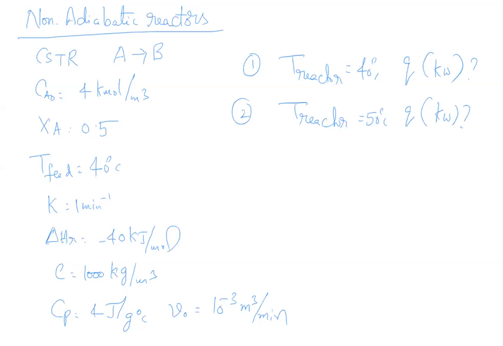Here Cp is based on mass. Here basis is important. Remember, your answer depends upon basis. You can't say non-adiabatic reactors don't depend upon the basis. They are dependent on the basis. So I'll give 5 minutes time. Just try to write the equation.